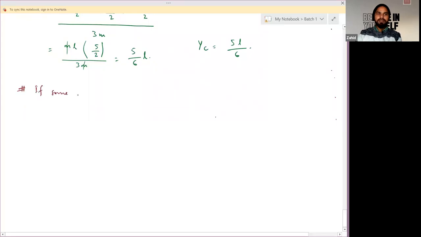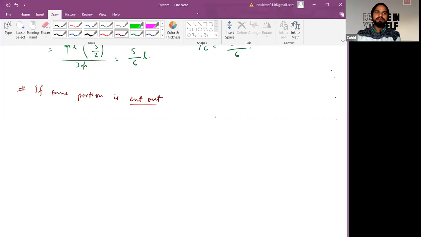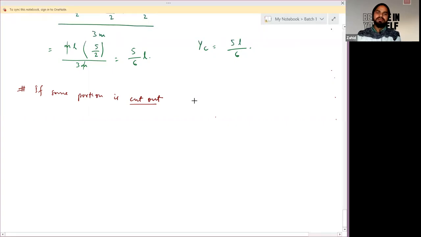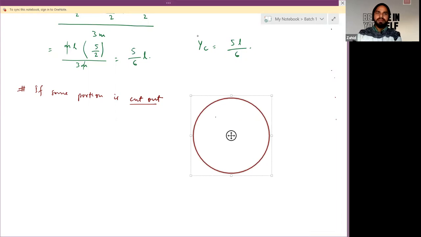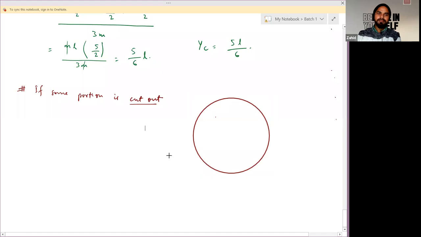If some portion is cut out, suppose you have a disk like this, from which a small disk is cut out.